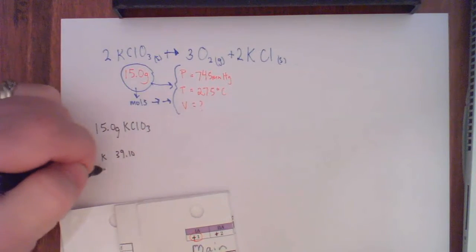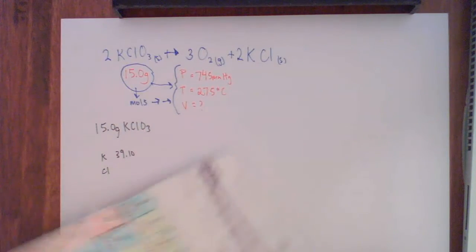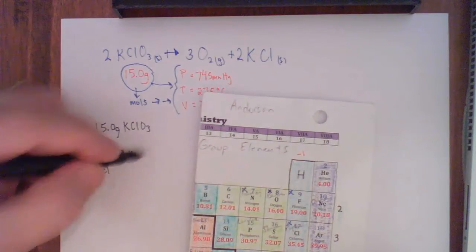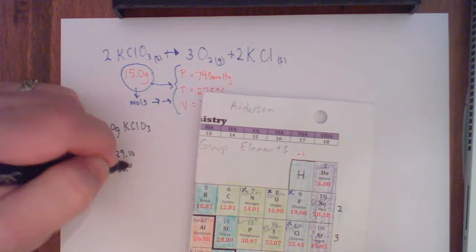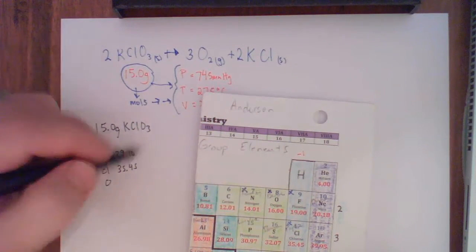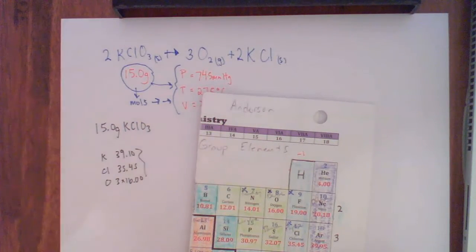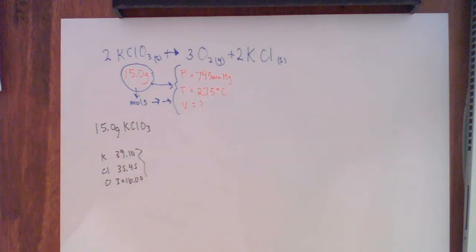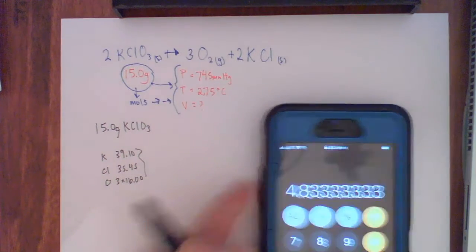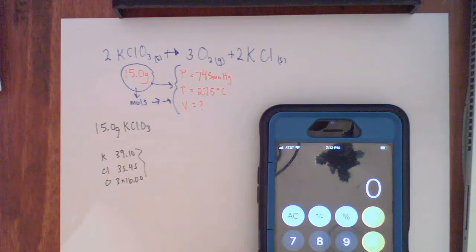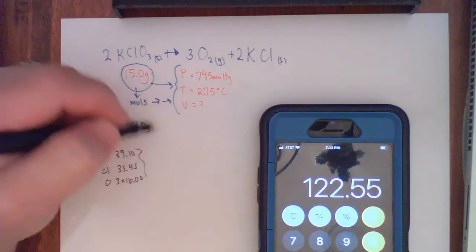My chlorine is 35.45, and then oxygen, we've got 3 of those at 16. So let's add all that up: 39.1 plus 35.45 plus 16 times 3. So that comes out to be 122.